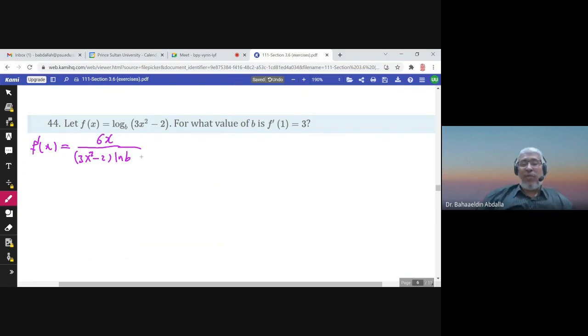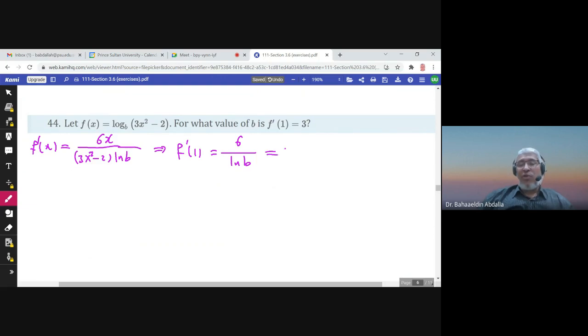Good. This is f prime of x. Well, I need f prime of 1. I replace x by 1, so I have 6 here. And 3 times 1, 3 minus 2, 1 times ln b, so I'll have ln b. So f prime of 1 is 6 over ln b.